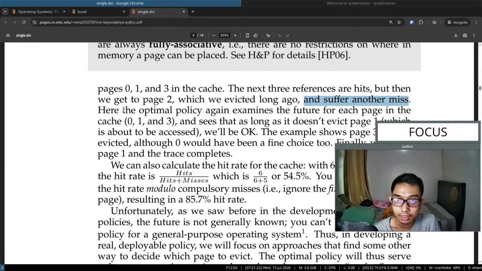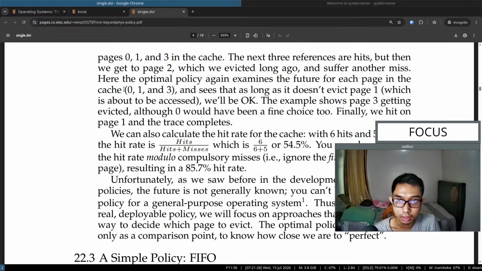Here the optimal policy again examines the future for each page in the cache: 0, 1, and 3, and sees that as long as it doesn't evict page 1, which is about to be accessed, we will be okay. The example shows page 3 getting evicted, although 0 would have been a fine choice too. Finally, we hit on page 1 and the trace completes.